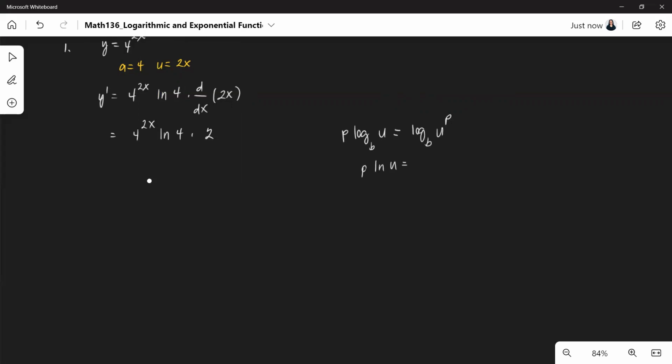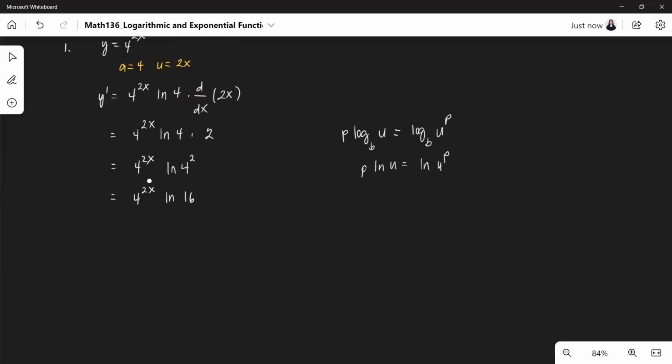Okay, so you can write this as ln of u raised to the power of b. So meaning 2 times ln of 4 can be written as ln of 4 raised to the power of 2. And then 4 squared is 16. So 4 raised to the power of 2x times ln of 16.